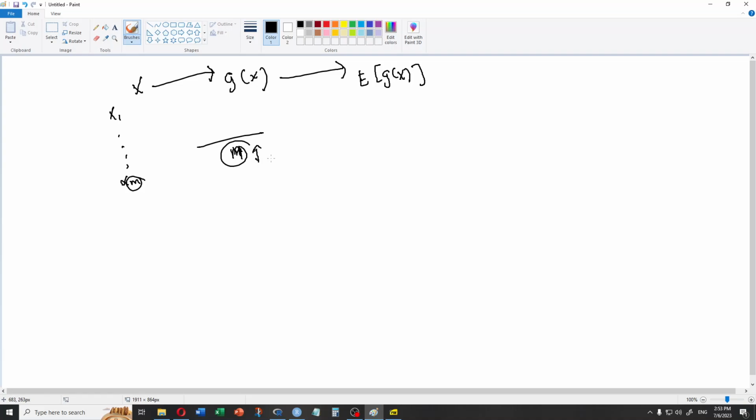However, this method would be inefficient because it involves computing cost. So what we can do is consider what we call the antithetic variable.